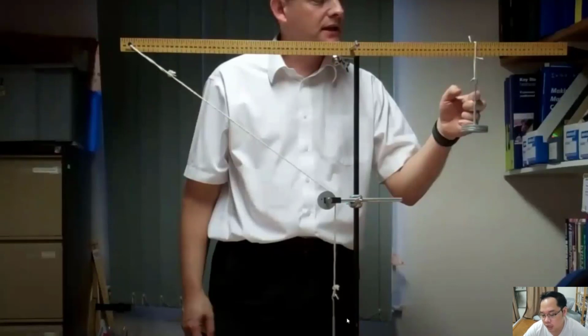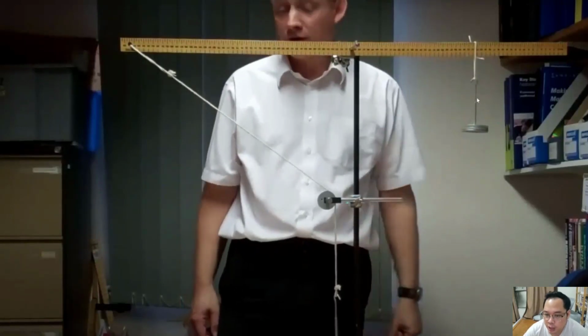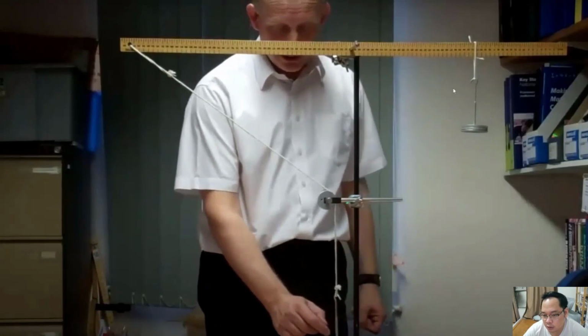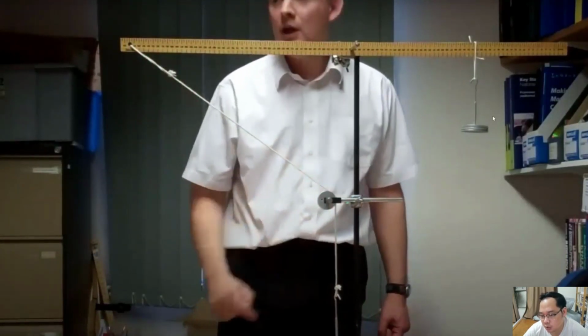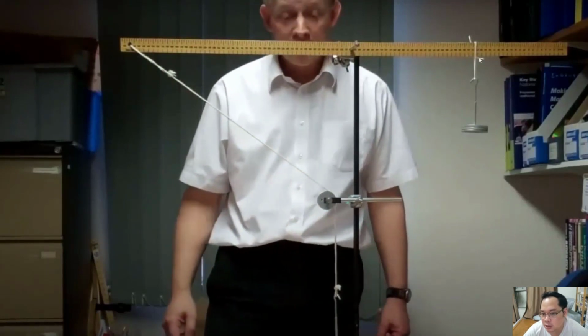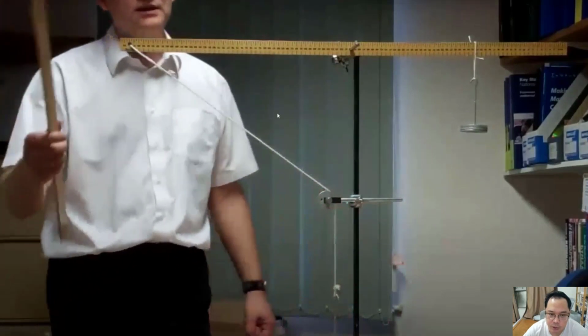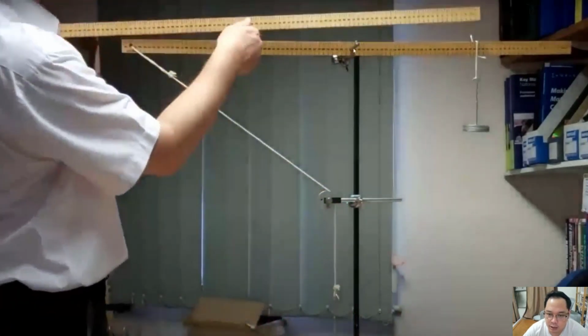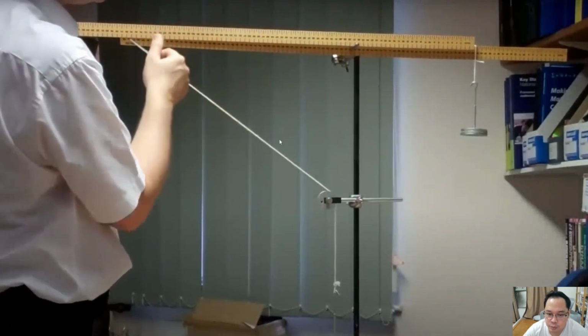Then we adjust the weight of this object so that the system is in equilibrium, and then we do the calculation. We see that the product of the weight on the right here with the distance to the pivot, for example 10 Newtons multiplied with 30 centimeters, will be the same as the weight of this object multiplied with the distance drawn from this pivot in the perpendicular direction to the rope.